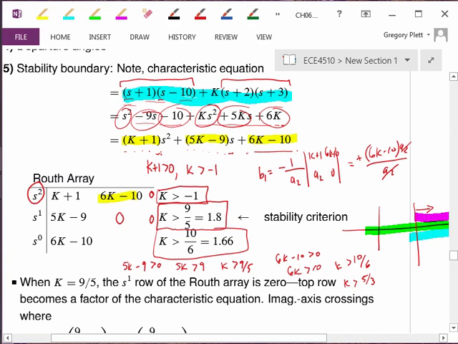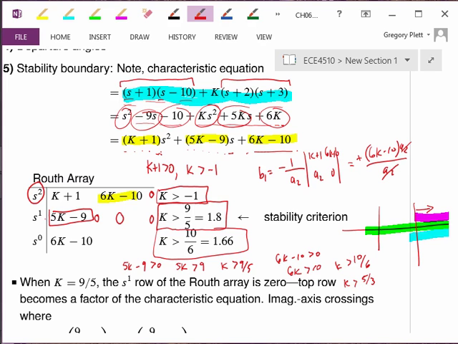Notice that when k equals 1.8, this here is 0, and in fact that entire row is 0. And we remember from the Routh test that when an entire row is 0, the row immediately above it is a factor of the characteristic equation, the denominator of the transfer function.